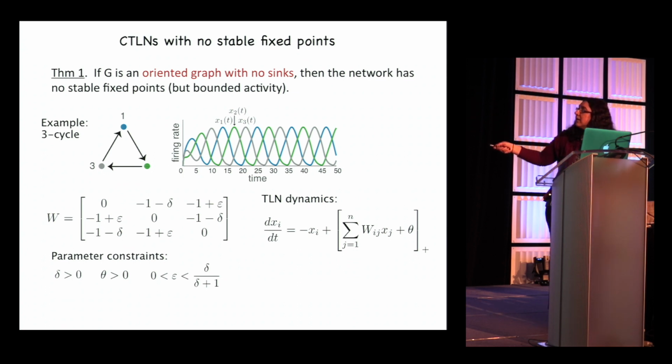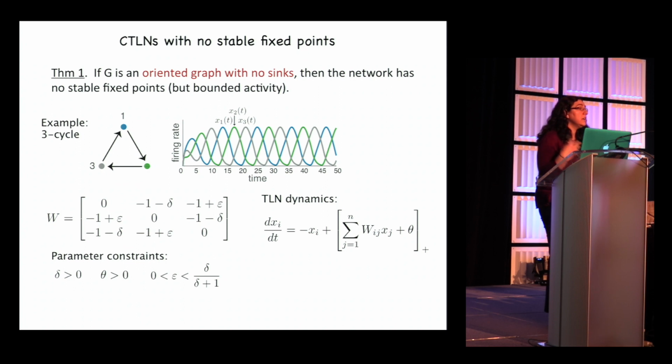And you can see here what happens. So here I make my matrix. I've chosen an epsilon and a delta within my parameter regime, within my legal range. It doesn't really matter what you choose, but I can tell you here epsilon was 0.25 and delta was 0.5. And I run the usual threshold linear dynamics, and this is what happens.